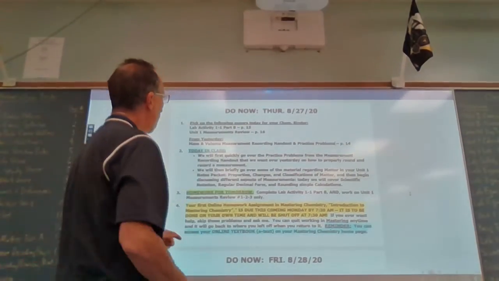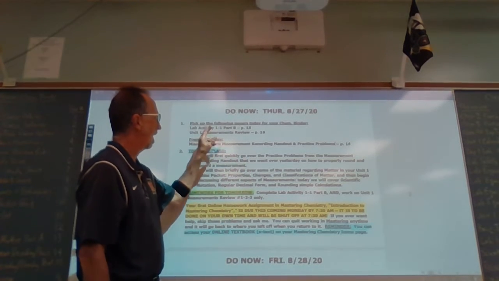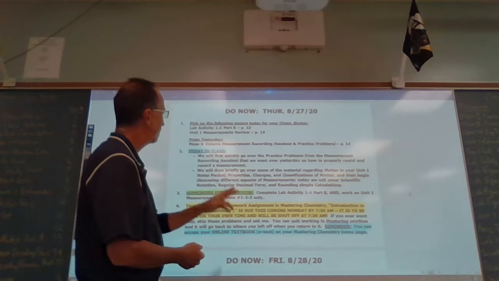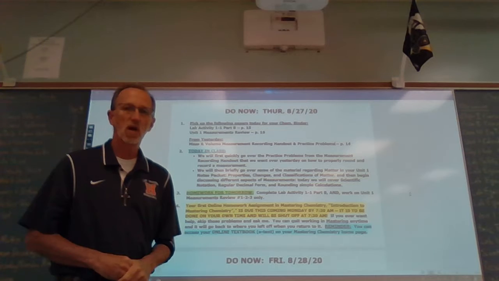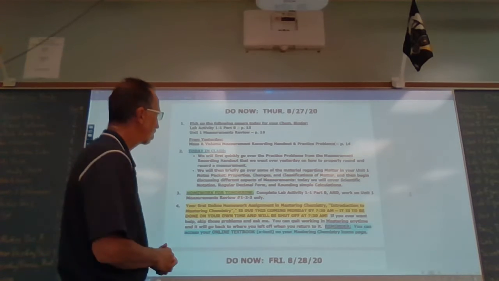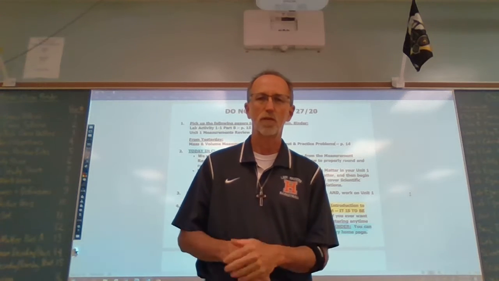And as you can see, you are picking up two things today: Lab Activity 1.1 Part B, which is page 15, and then the Unit 1 Measurements Review, which is page 16. So slight difference there, but not much. As far as what we did yesterday and what is happening today, they're going to just follow each other almost to the letter. So hopefully make sure that Chem 2, of course, you're referring to your daily schedule, and Honors Chem, you're referring to yours.